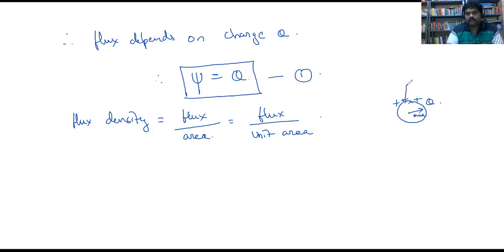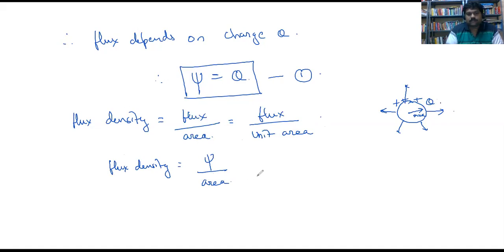If lines of forces are emanating like this perpendicularly, what is the flux per surface area of this sphere? So we want the density, and hence we write flux per unit area. Mathematically, flux density equals xi by unit area.